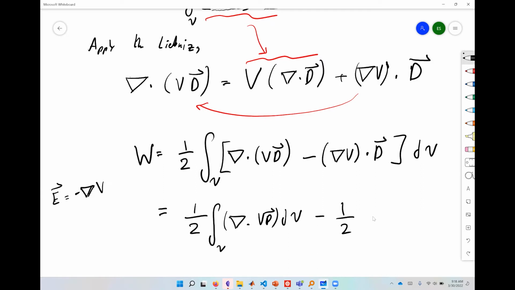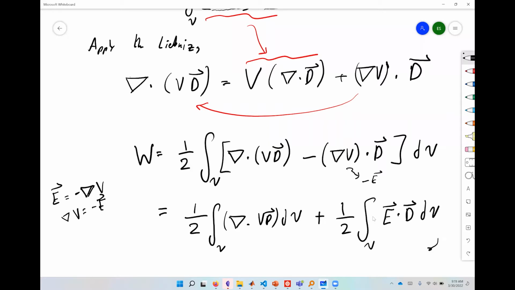That's the relationship between E and V. So the gradient of V equals minus E. Here, instead of the gradient of V, I can substitute minus E, the field E. The minus cancels with the minus, so this becomes plus. I integrate over all of space, E dot D.